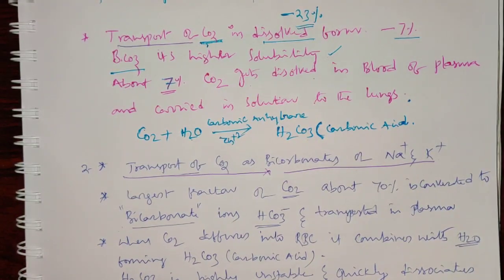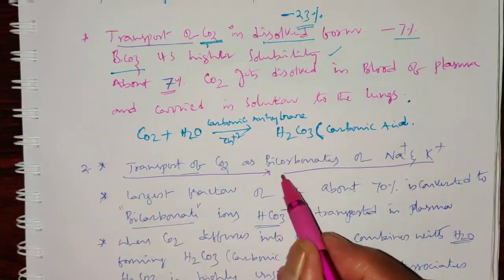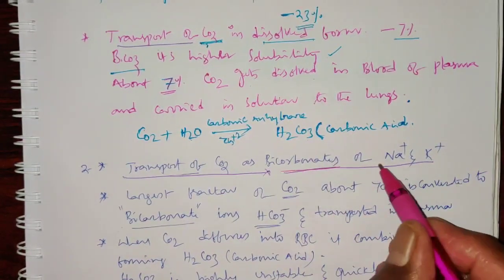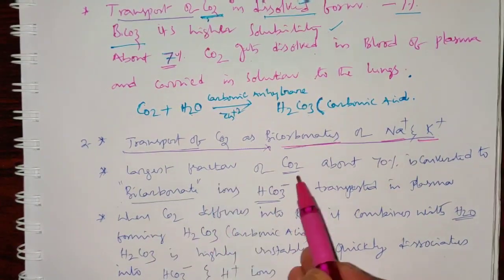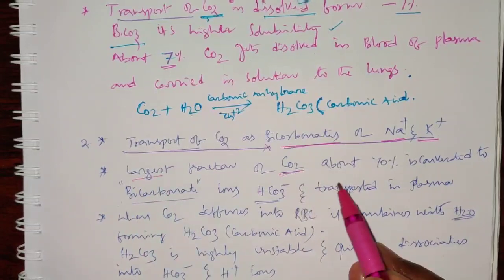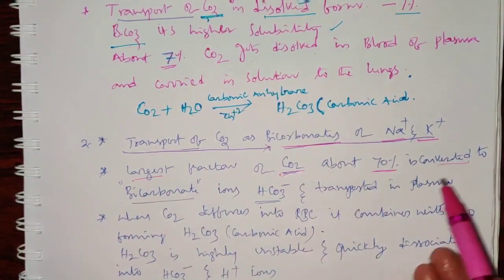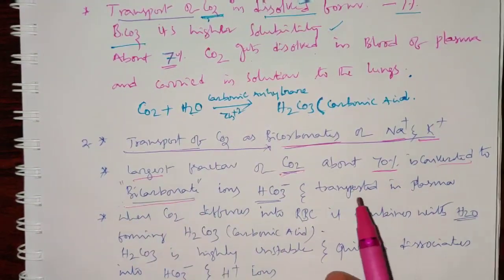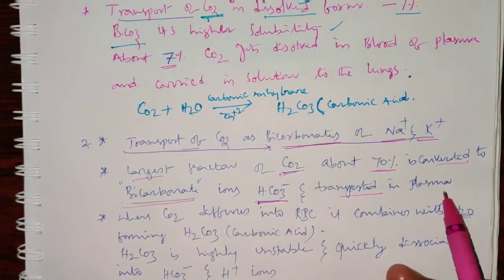So in the transport of carbon dioxide as bicarbonate of sodium and potassium, the largest fraction of carbon dioxide, about 70%, is converted to bicarbonate ions and transported in plasma.